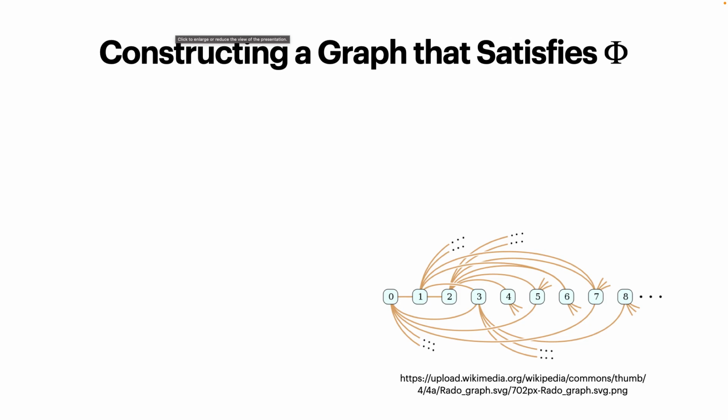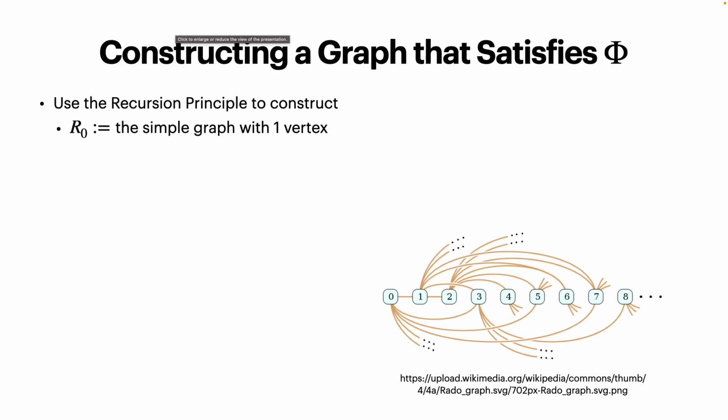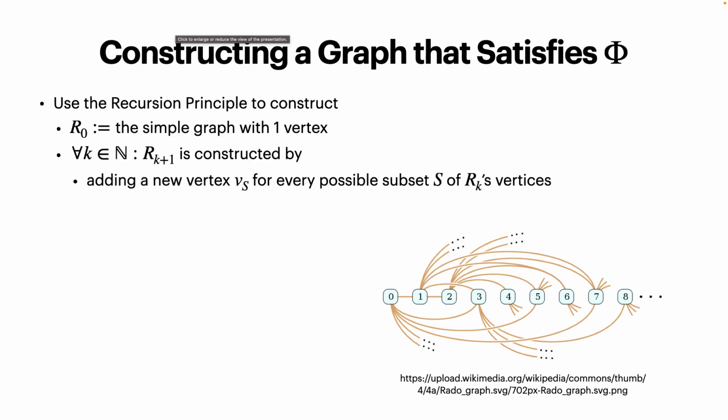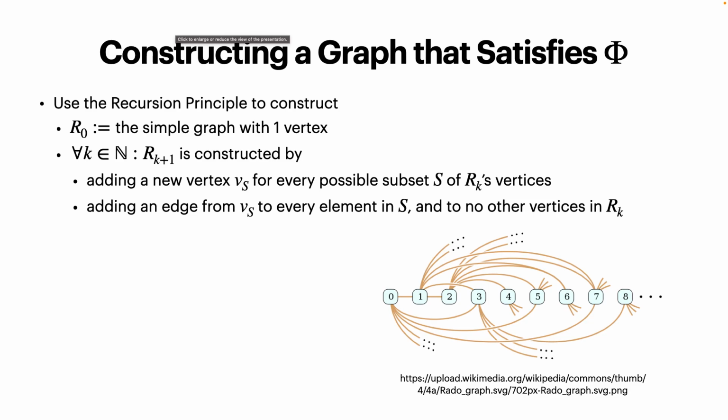This is very good intuition, but it doesn't give an explicit construction of a countable random graph that satisfies capital Phi. So I'm going to present an explicit construction, and this construction uses two ideas. The first one is to recursively construct a sequence of graphs, and then you take the union.